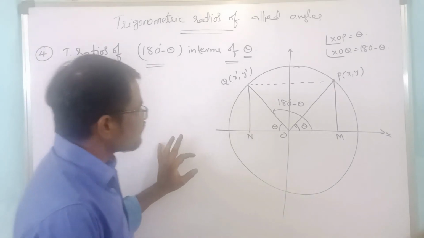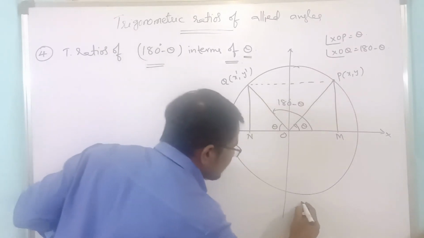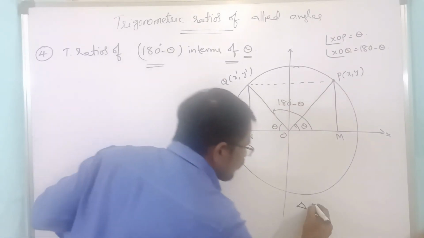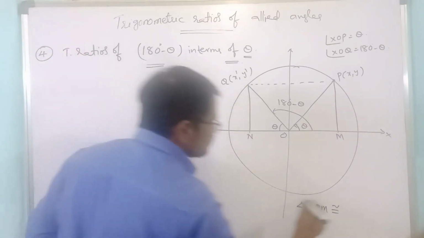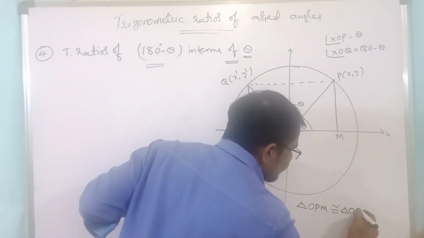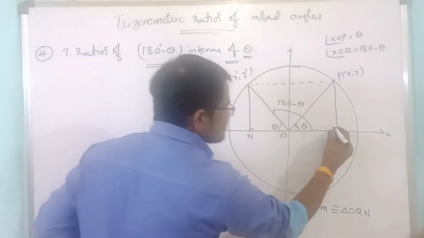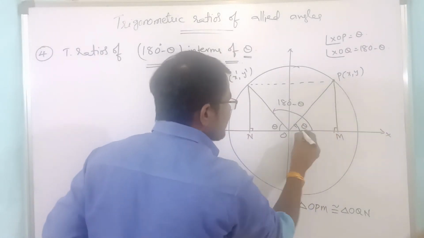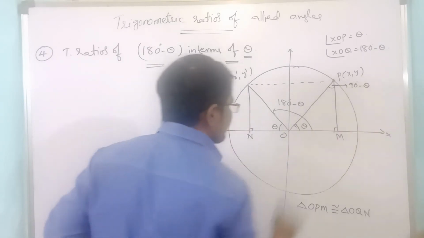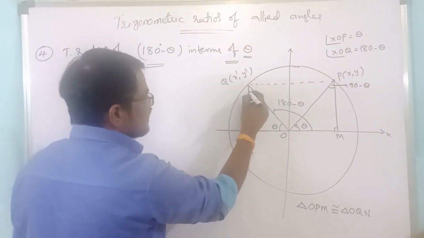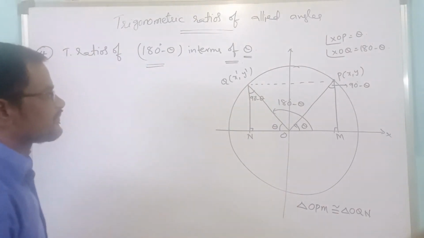Now, so here triangle OPM is congruent to triangle OQN, right? Because here 90 degrees, here 90 degrees. Here theta means here 90 minus theta. Here theta, here 90 means here 90 minus theta, right?